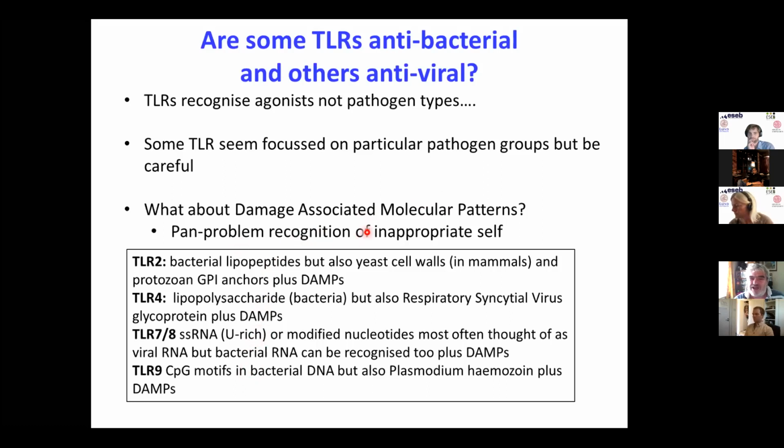It's like having a set of receptors that are capable of recognizing that a problem is present in a wide variety of ways. And what is a DAMP? It's essentially recognition of inappropriate self, so maybe modified self or heat shock protein or whatever. And all of these TLRs are capable of recognizing DAMPs.